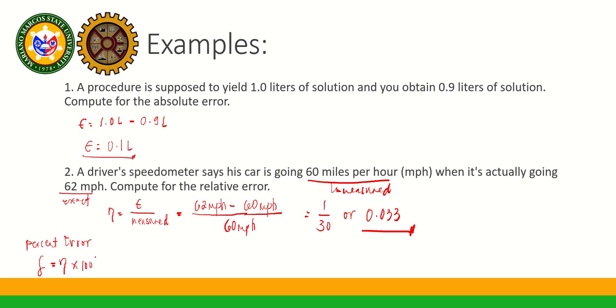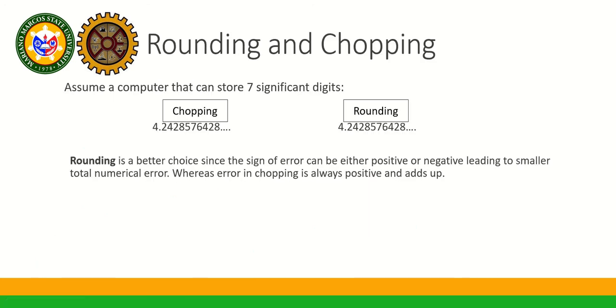So, what is the percent error of example number 2? This is equal to 0.033 times 100%, that is equal to 3.3%. So ito ngayon yung percent error niya. Okay, so those are examples of error computations.